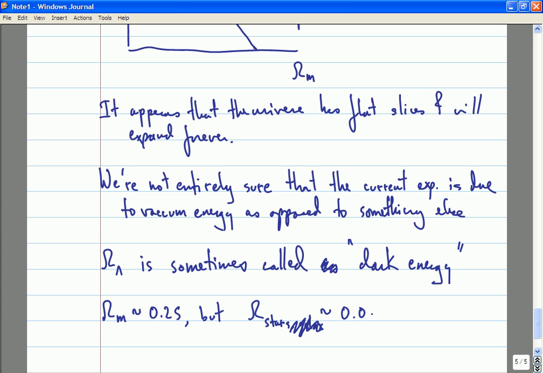So if you take all of the matter that gives off light, and add up its energy density according to the best physics that we know, you only account for about a fifth of the matter density that is necessary to explain the observed evolution of the universe.